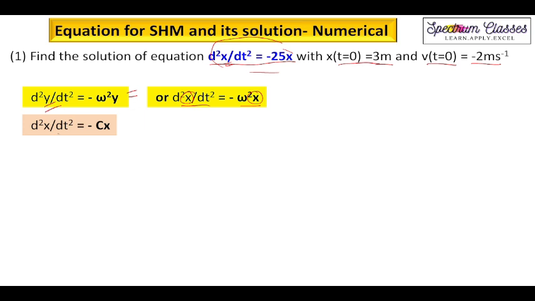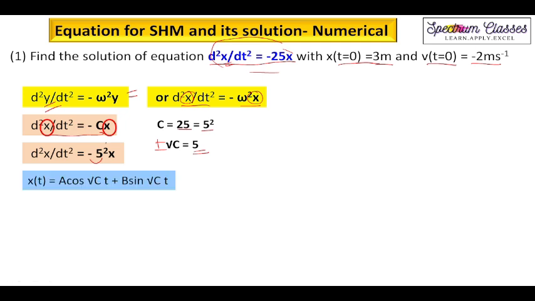We consider the solution in this form, where c is equal to 25, that is 5 square, so under root c is equal to 5.